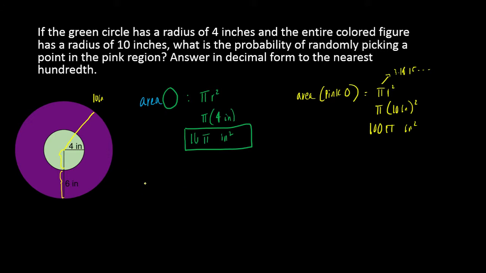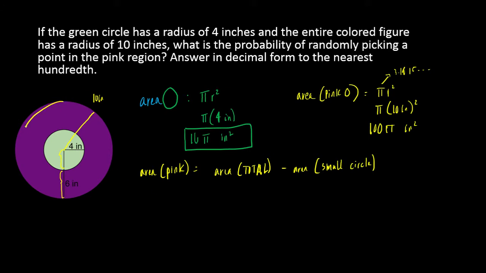Well, wouldn't the area of the pink space be equal to the total area minus the area of the small circle? Okay, do you see where I'm getting that?